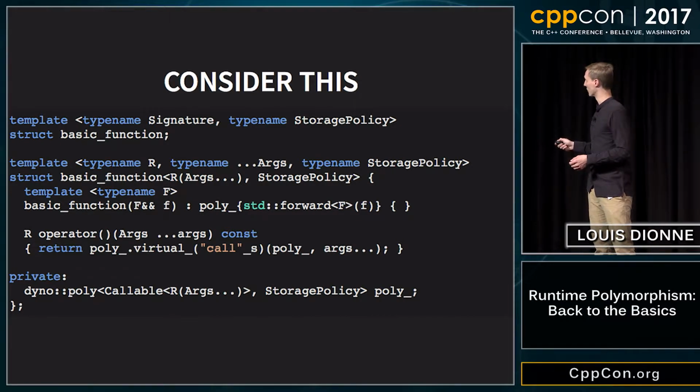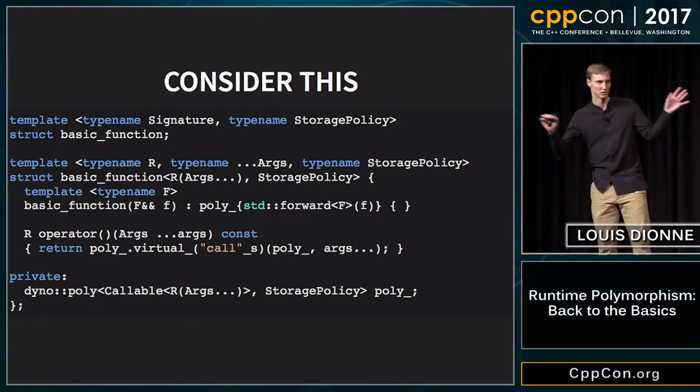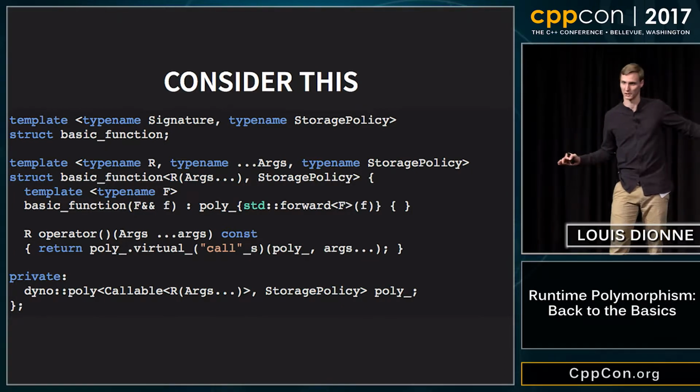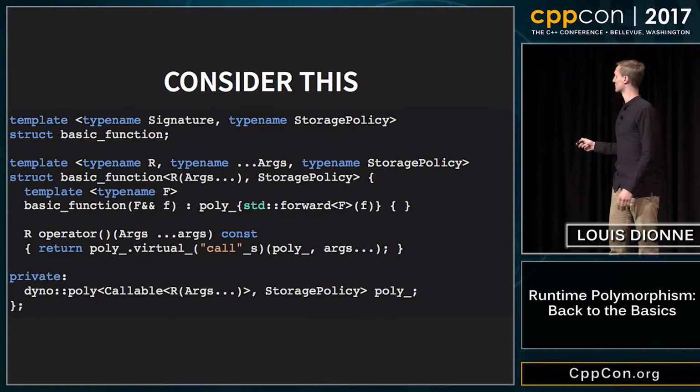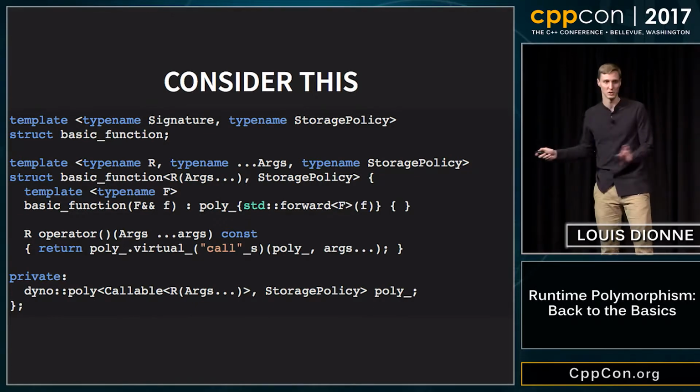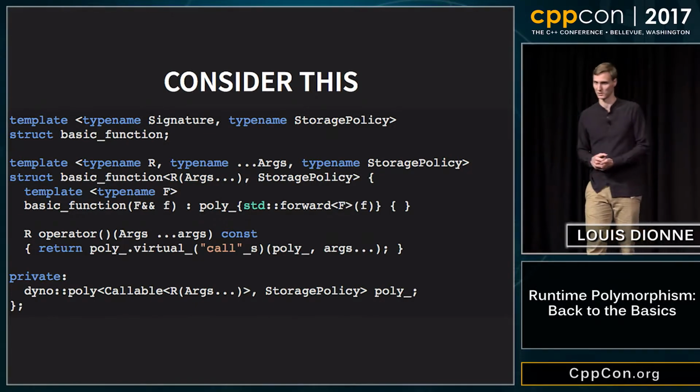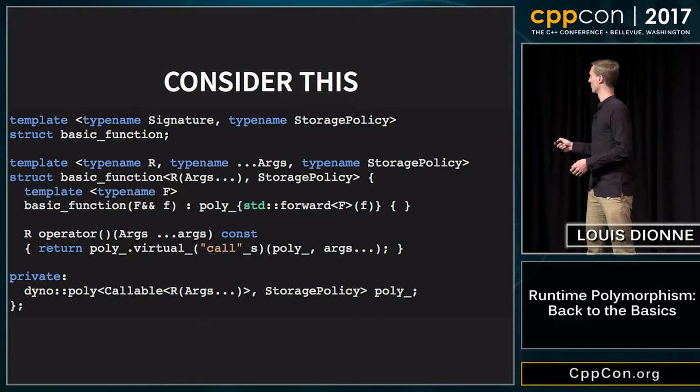And then I just create my poly under the hood, which does all these nasty tricks that we've done manually in the previous slides. And then I have my call operator, which just dispatches to the vtable and calls it with the arguments. I should be doing perfect forwarding as well. I'm trying to save some trouble here.